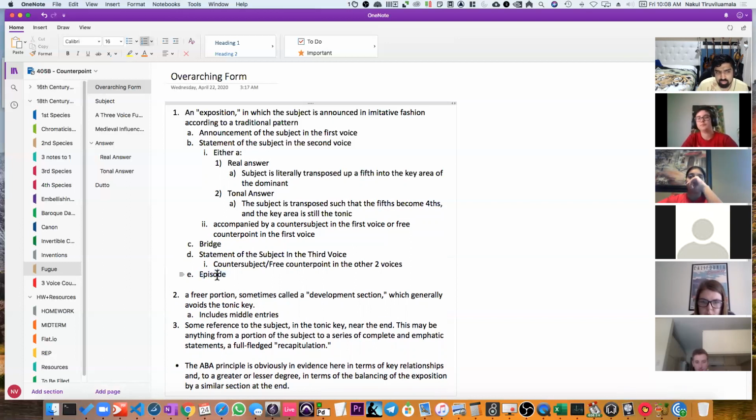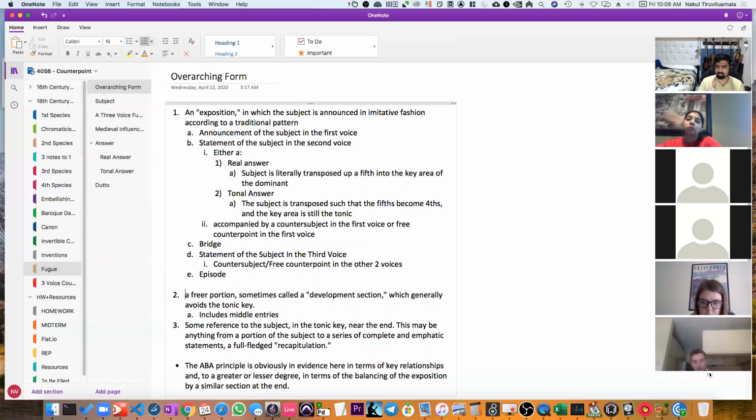Basically, what happens in the middle section, which is part 2, is it's a freer portion, which generally avoids the tonic key.